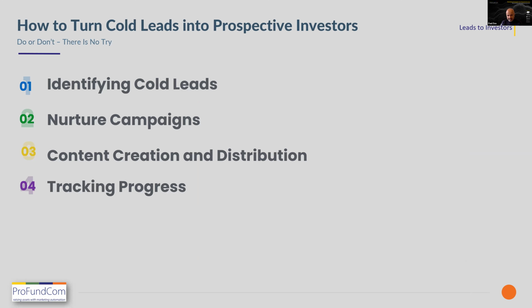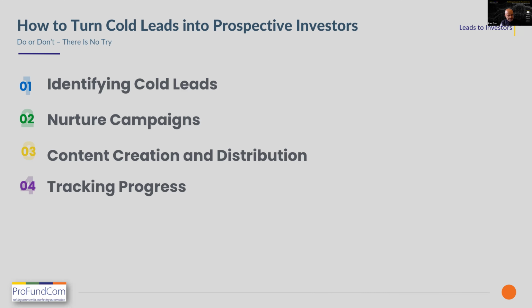Well, the first thing in all of this is, how do you identify where your cold leads exist? Essentially, the prerequisite is that you are sending out emails, fact sheets, and some form of performance distribution to existing and prospective investors, and you've been doing this over time.